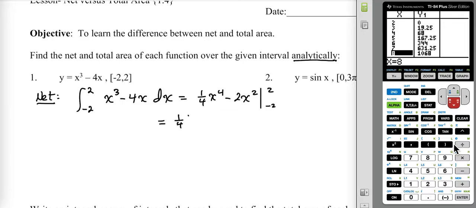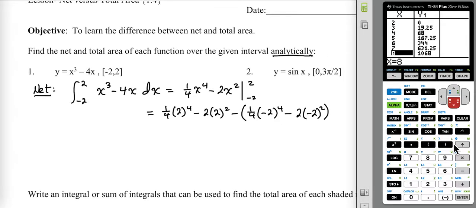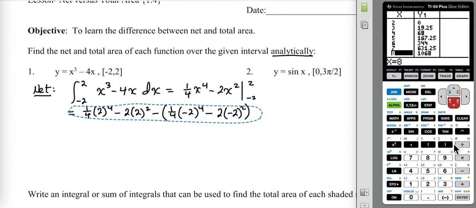So 1/4 times 2 to the fourth minus 2 times 2 squared minus parentheses 1/4 negative 2 to the fourth minus 2 times negative 2 squared. All right, so from here, you could solve it any way you like, whether it means putting it in a calculator or doing it by hand.